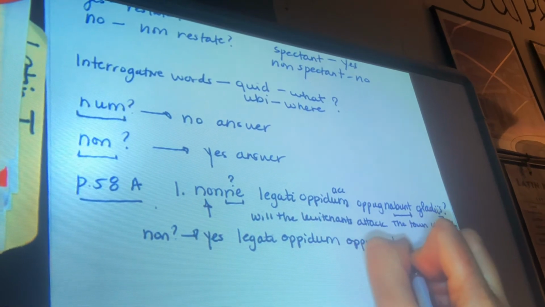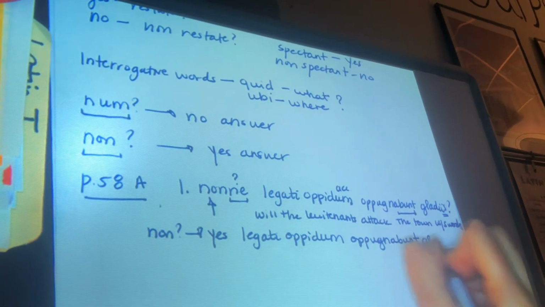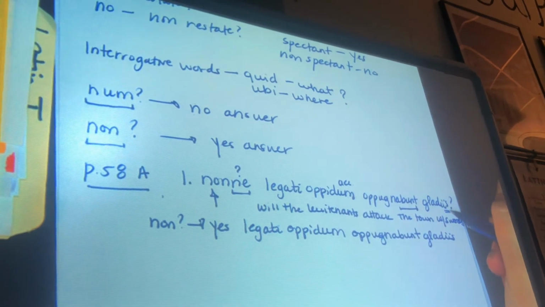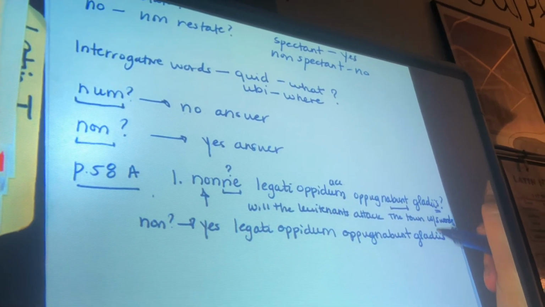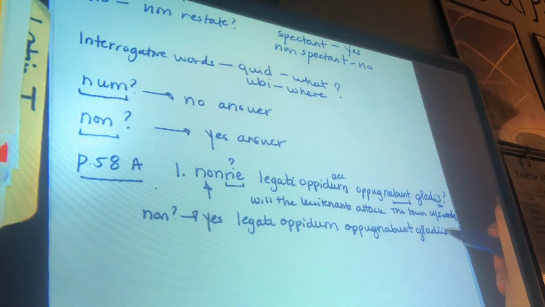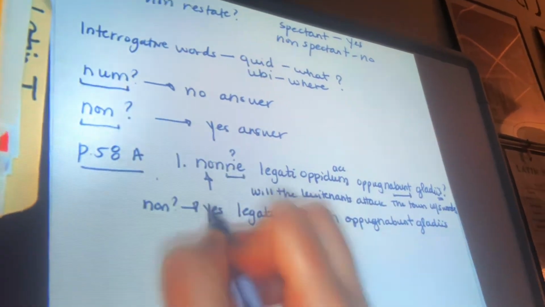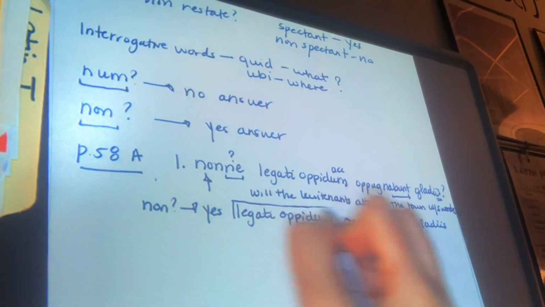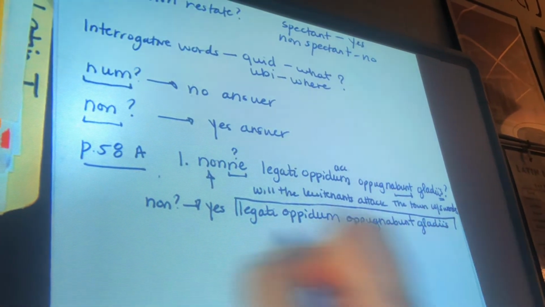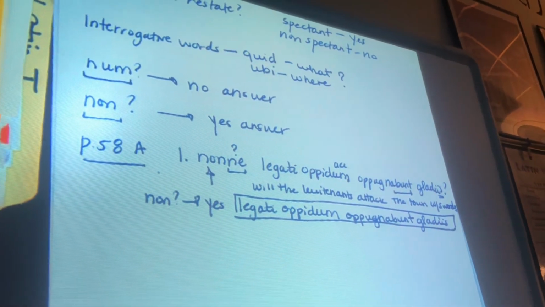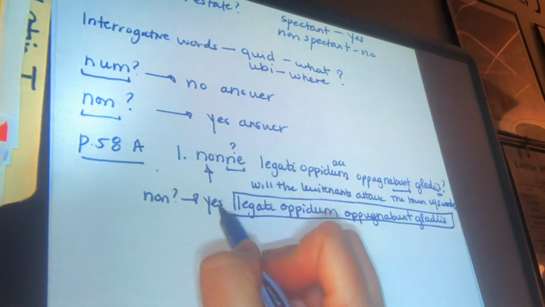And I know there's no word cum with gladiis, but you can infer that because it's in the ablative case. So this is going to be your answer. Non in the question, yes in the answer.